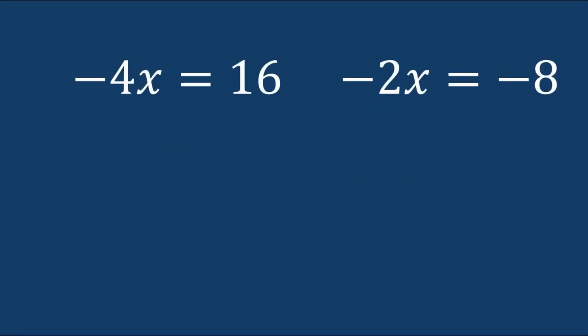Let's go ahead and do some now that have negative numbers. So in this first example, we have negative 4x equals 16. Remember that there's a little invisible multiplication here, and so we are going to divide. You might be tempted to divide just by 4, but since we would also need to get rid of the negative, we're going to divide by negative 4.